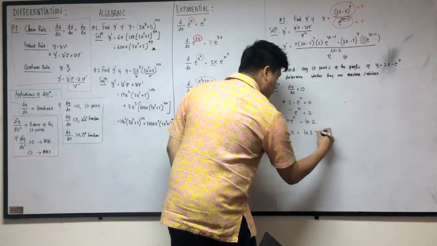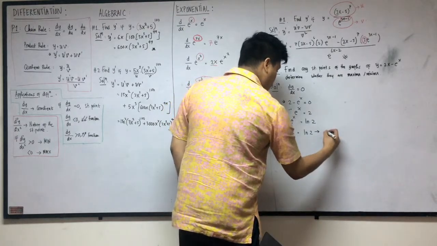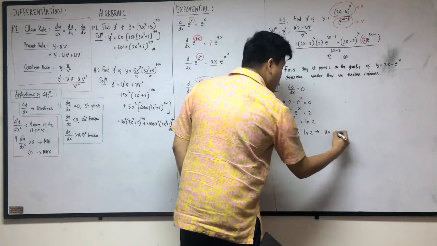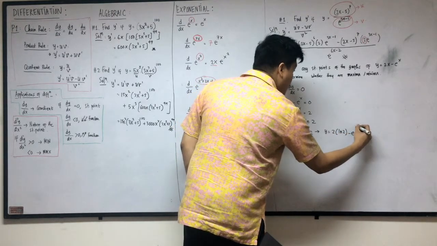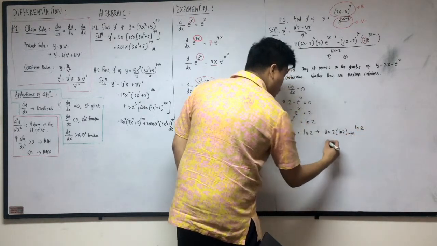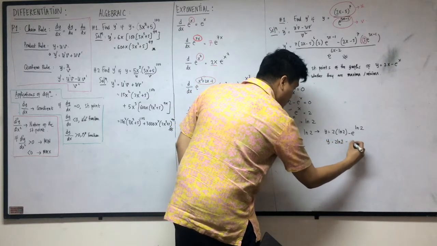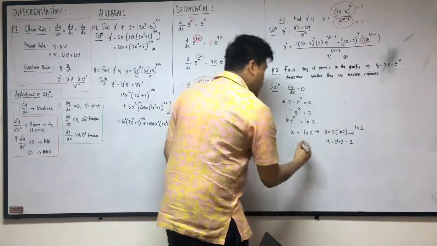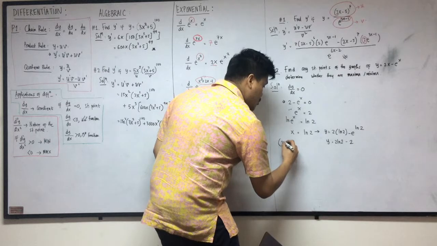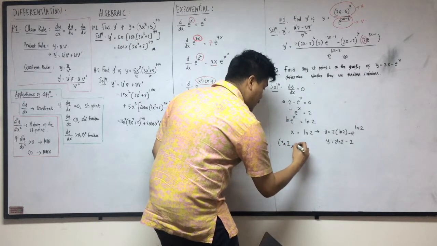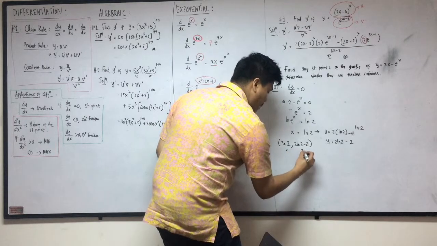When x equals ln 2, you will get y equals 2 times ln 2 minus e to the power of ln 2, so y equals 2 ln 2 minus 2. So the coordinates of the stationary point would be (ln 2, 2 ln 2 minus 2). That's your x and that's your y right there.